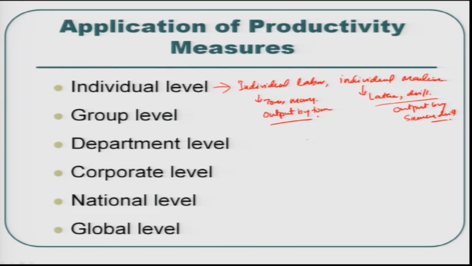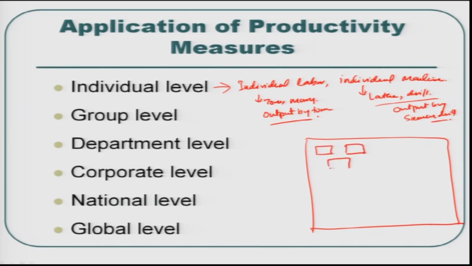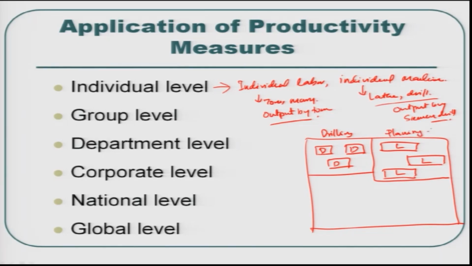So if you think about a factory as such, if you assume this as a factory and you assume that these are like drilling machines and this is the drilling department, and then you have lathe machines. Okay, let's call this the planing department or machining department, whatever you want to call it.